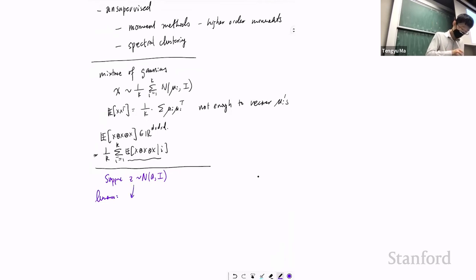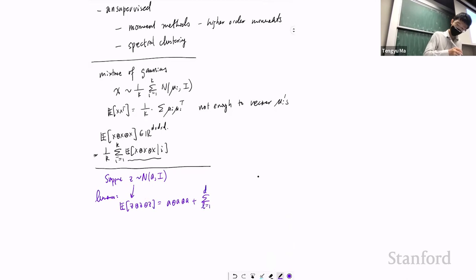The question is, what is the expectation of Z tensor Z tensor Z? And the claim is that this is pretty much equal to a tensor a tensor a, but with some caveat, there are some other terms which are something like this.